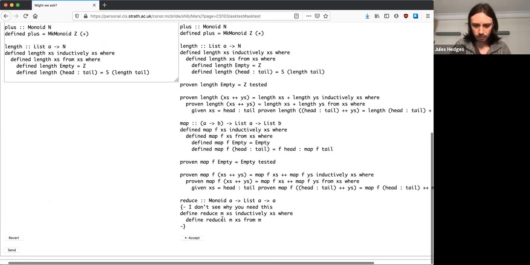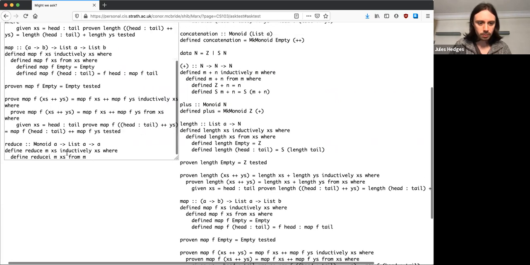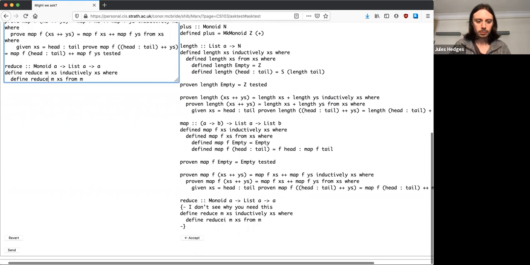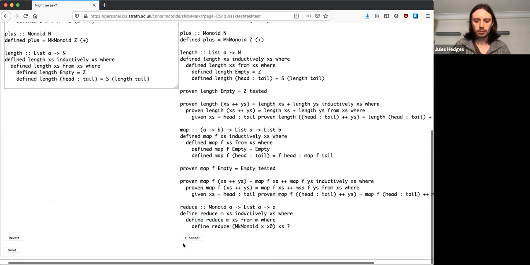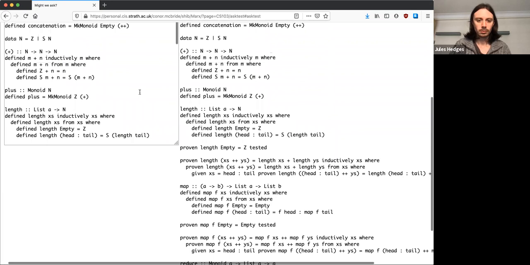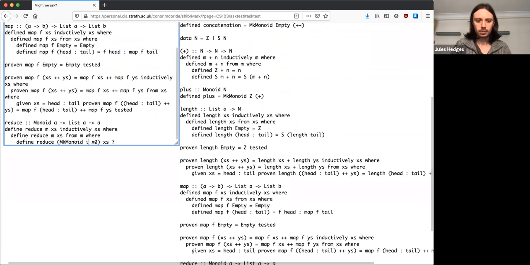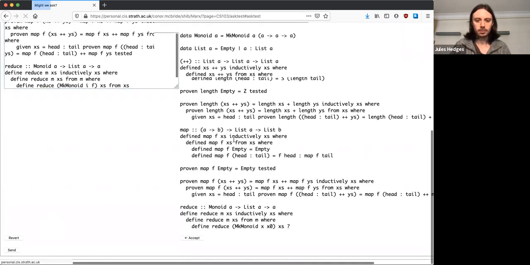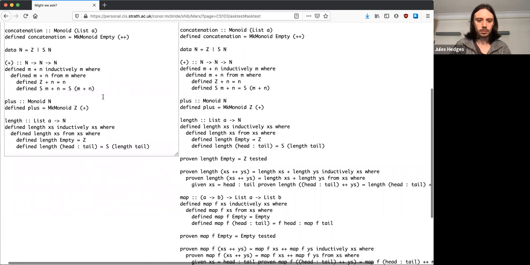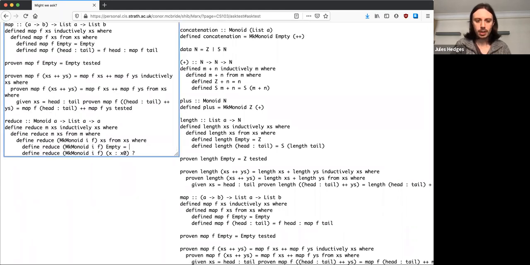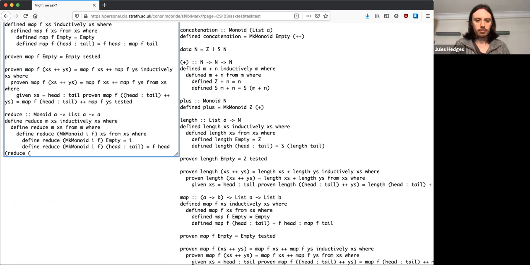Okay, then reducing the empty list gives the neutral element of the monoid, which is I. And then reducing head cons tail means we combine using F the head with the reduction of tail.